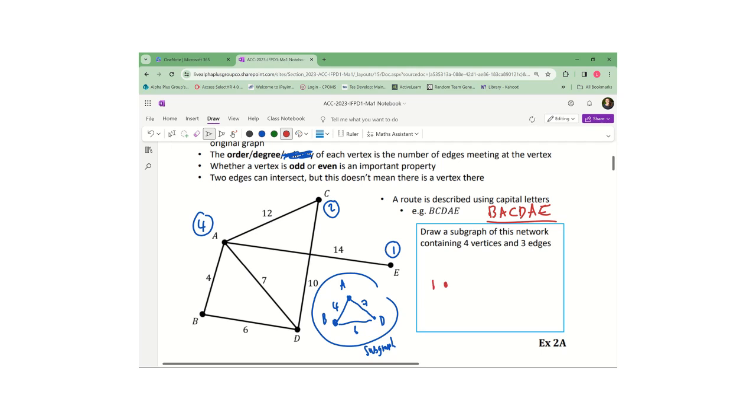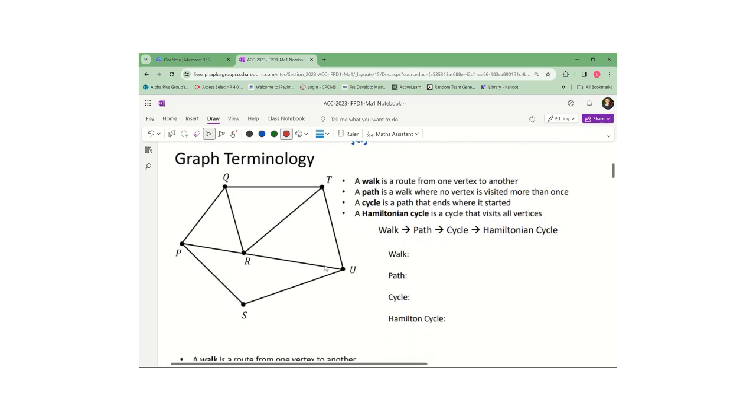So say I have A, and I've got C, and I've got E coming off of A, and let's just do B. You can see here that I've got 3 edges, 3 arcs. Edge and arc just means the same thing. And I've got 4 vertices, A, B, C and E. And this is just this part of the graph that I've got. I've just drawn a subgraph, so just part of that graph, to the side there. Okay, so that is a bit of terminology for you on graphs.